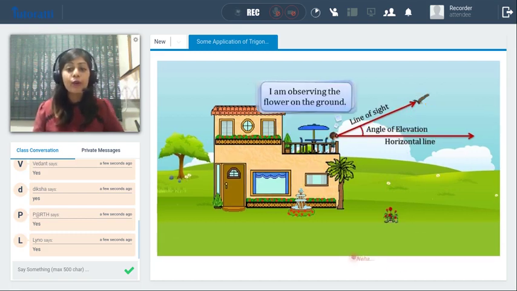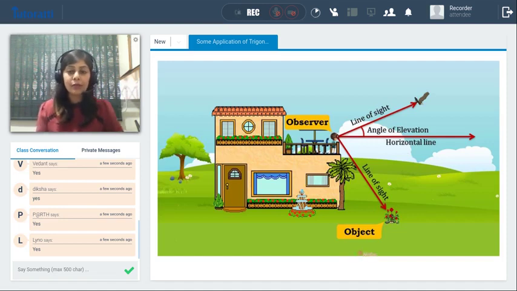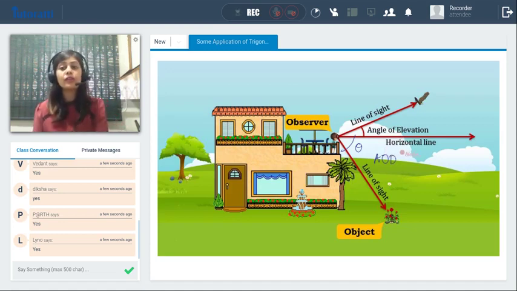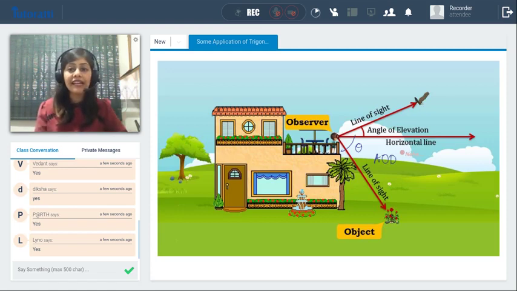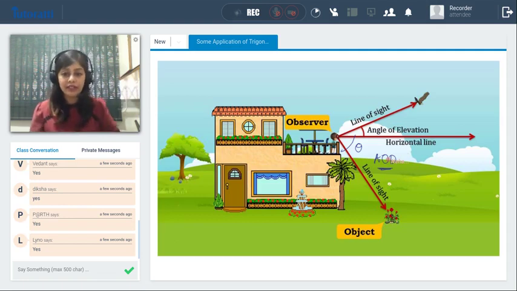Now, from the same point, the point of observation has not changed, if he looks at the flowers which are below, again, this is theta, the angle made by the line of sight with the horizontal line. But now, line of sight is below the horizontal line. So this is angle of depression. I hope you have understood all these four important points, because these terminologies are going to be used in your sums.